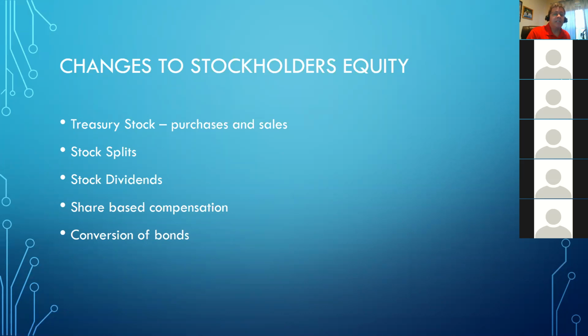So stock dividends, well, the question is then how much? Stock dividends can either be at par value, or they can be based on the fair market value. Now, I will tell you in real life, no one does it on the fair value because no one does what's called a small stock dividend.